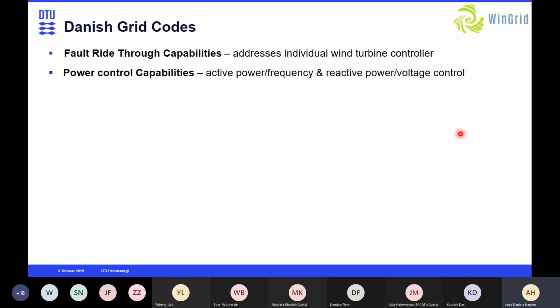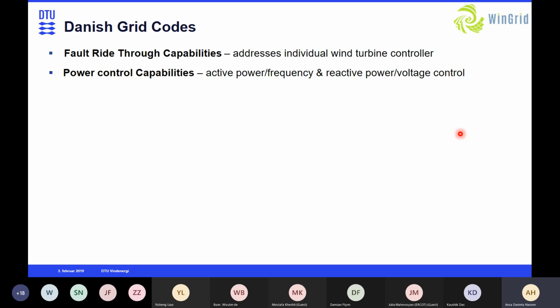Looking at the Danish grid codes, the main attention in this grid requirement is drawn to the fault ride-through capability and the power control capability. Fault ride-through capability addresses primarily the individual wind turbine controller rather than the wind farm controller, in such a way that the wind turbine is able to remain grid connected during grid faults.